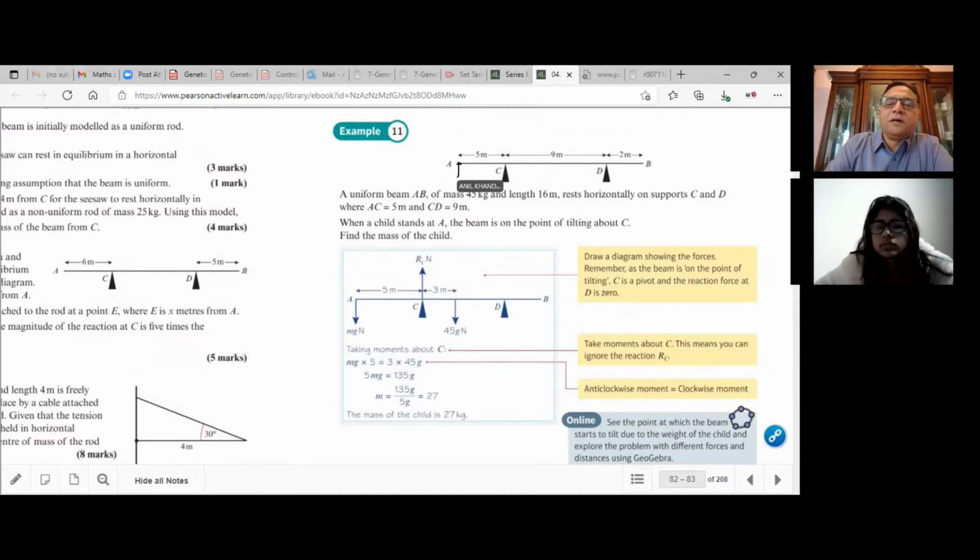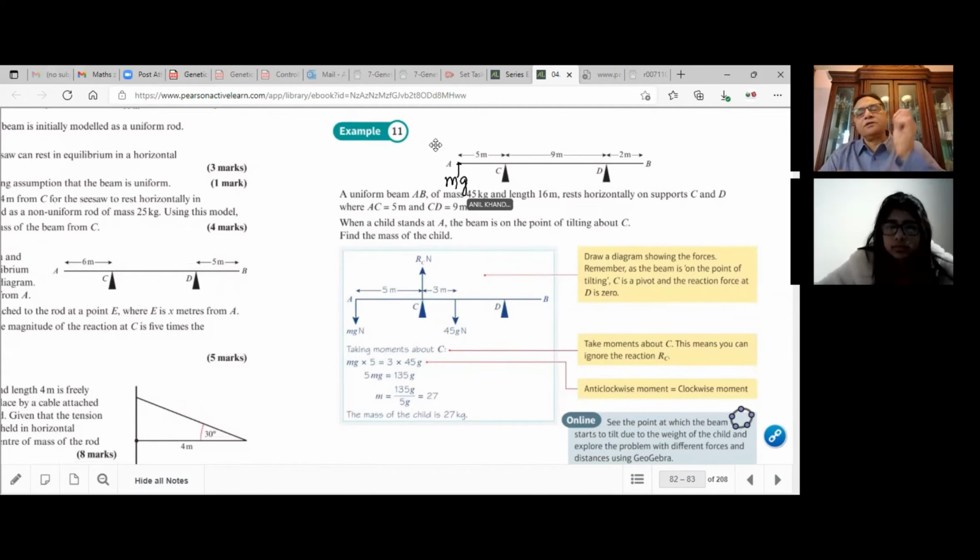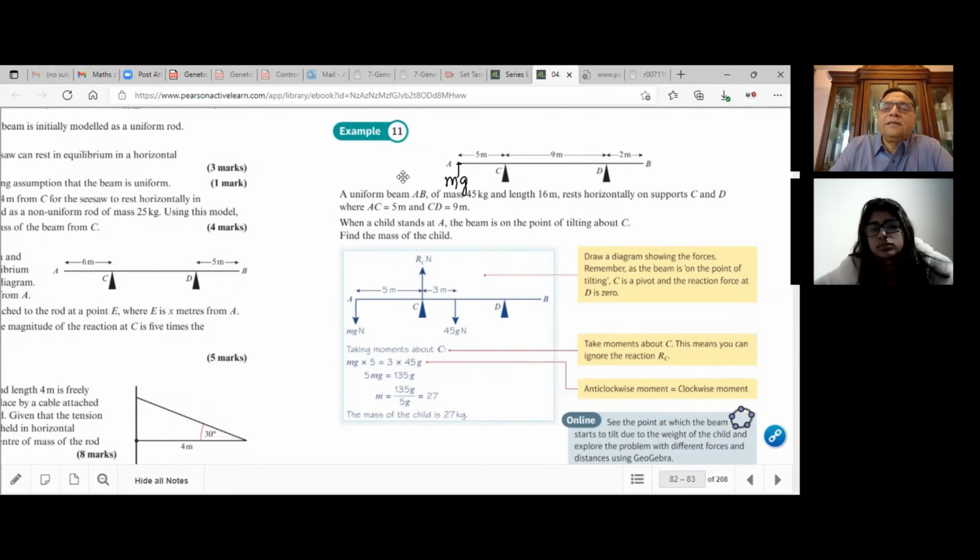We don't know what the mass is. Let's say m is the mass. So mg will be the force acting at A. Now we can take the moments about the point C, because at this point we know that the reaction at D is 0.